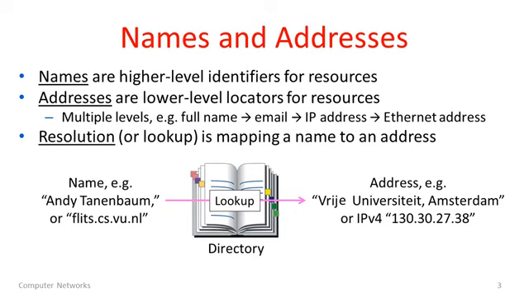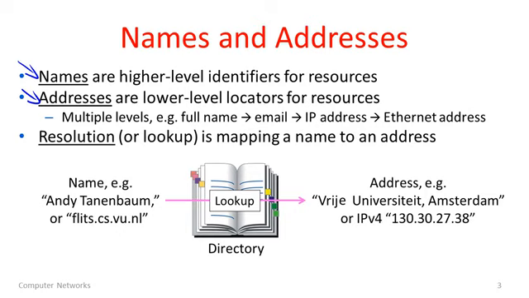So let's start with just the idea of names and addresses. Names here are really high-level identifiers for different resources, whereas addresses are these lower layer identifiers which provide typically a way of locating a resource. Now, really there are multiple levels of addressing and naming, starting from the high level to the low level.